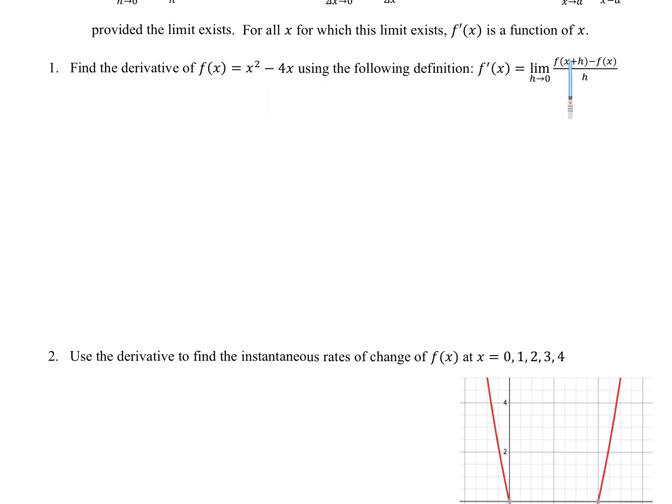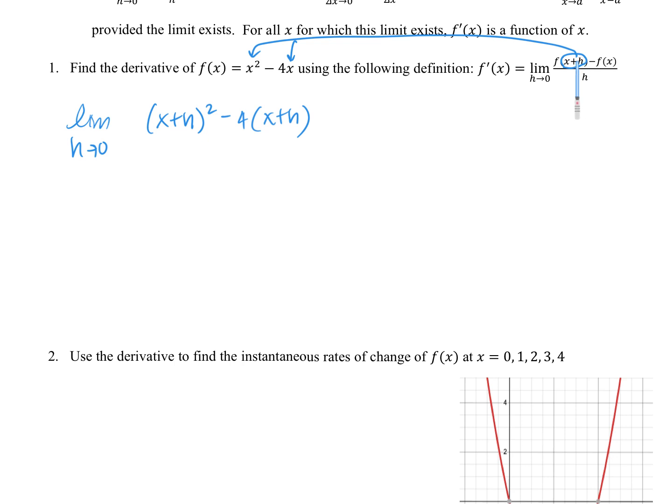So here's the deal. We're going to plug in f of x plus h minus f of x all over h to this equation. We need to plug x plus h into this function. Let's do it. We got the limit as h approaches 0. We got x plus h here. So I'm going to have to say x plus h squared minus 4 times x plus h.